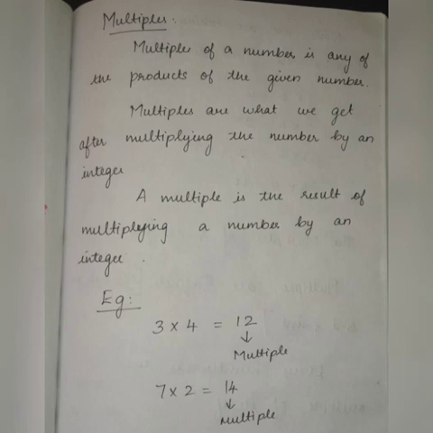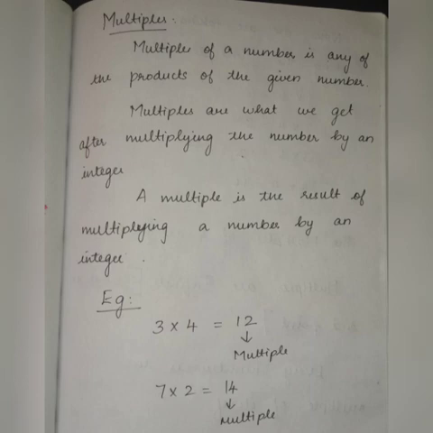Here multiples also have different definitions. I'll read the definition. A multiple of a number is any of the products of a given number, which means the product value is the multiple. Multiples are what we get after multiplying the number by an integer.